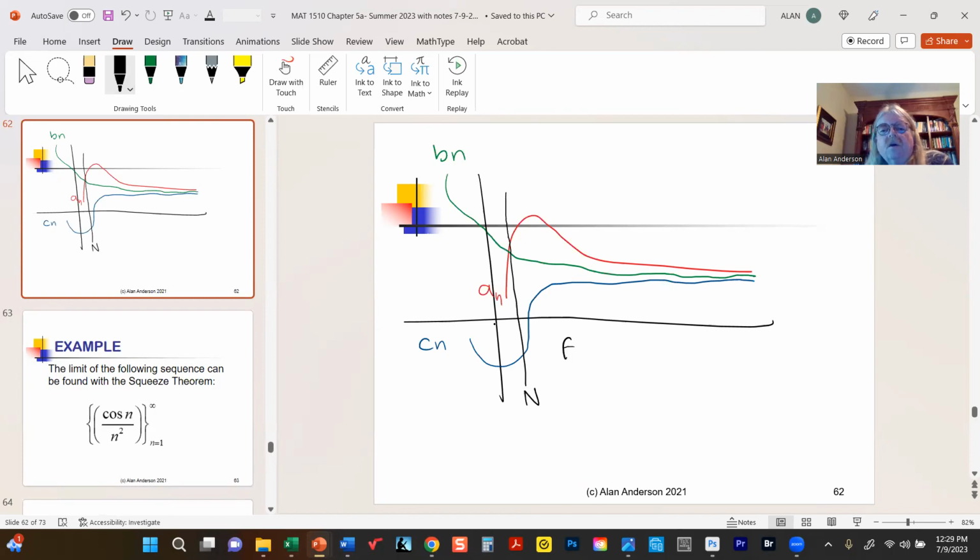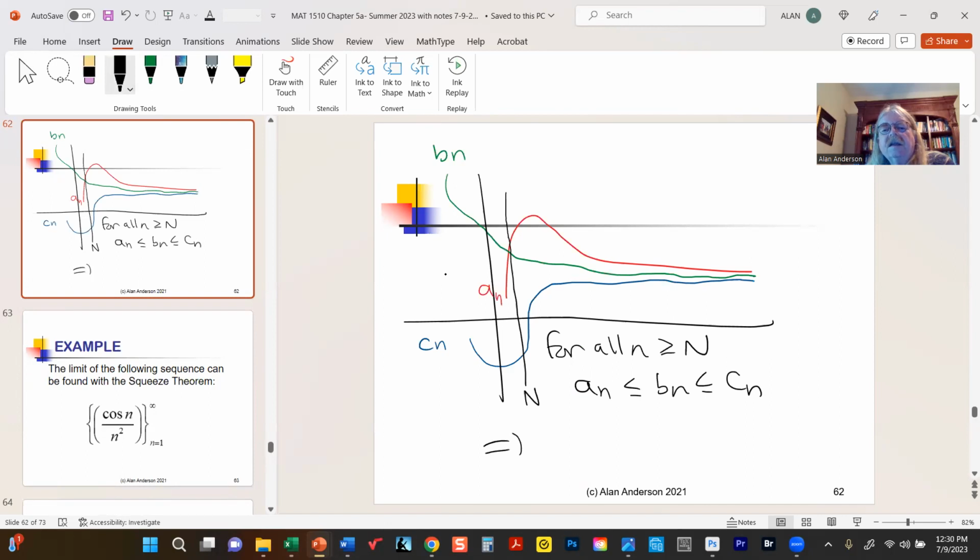So in other words, for all lowercase n greater than or equal to this capital N, the Bn rather is in between the two.